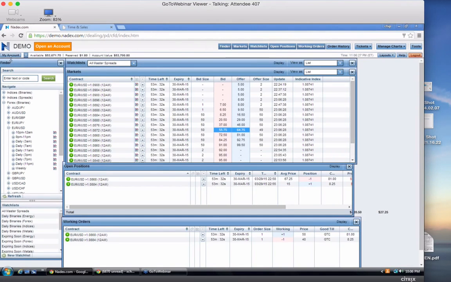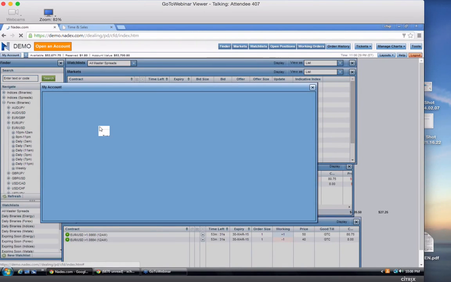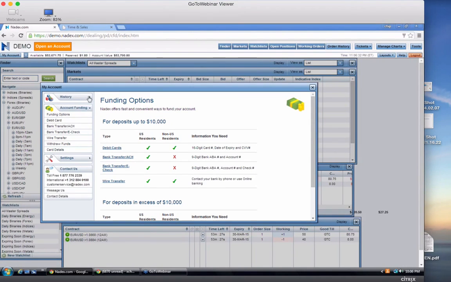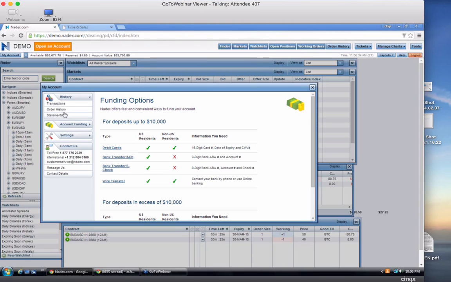Okay. Well, here's the other thing you can do. If you go to your account and you go to history, statements, open a current statement, it will tell you what the binary settled at as well, if this opens for me.